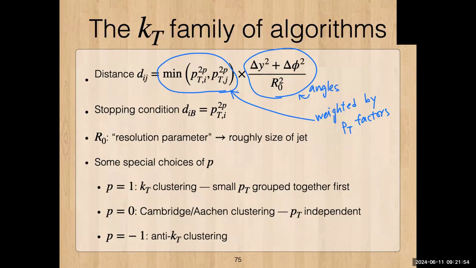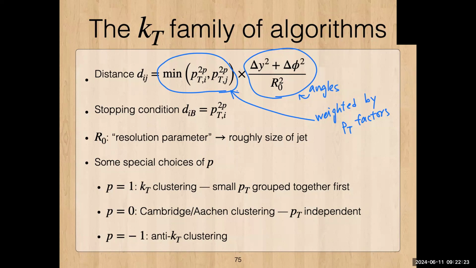And there is a specific family of algorithms, the KT family, where you define the distance measure like this. There's the angular term, which is the angular open angle between the particles, times a pT weighting term with exponent p, which is a free parameter that you can choose. Different p give you slightly different clustering.